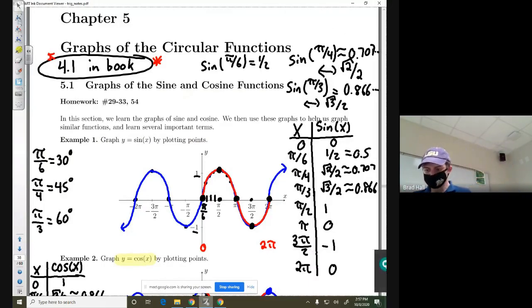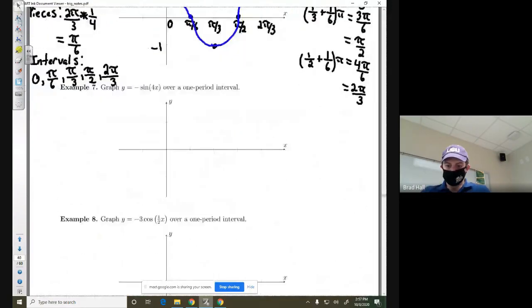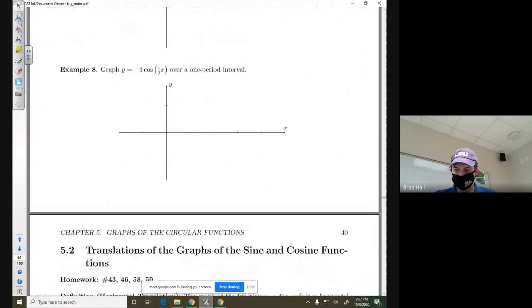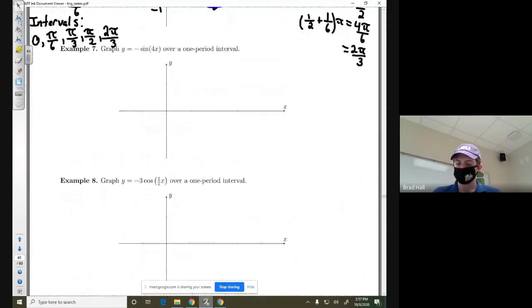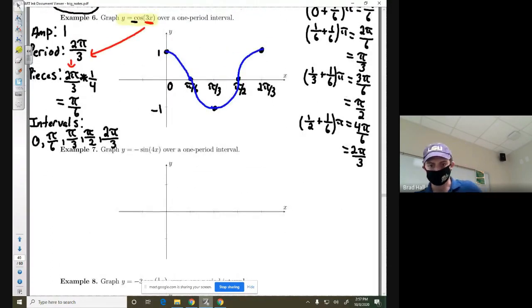All right, cool. Let's go back down. So let's go ahead and do example 7 here. So it's another problem. We're going to go ahead and go through the same exact process. Start off with finding the amplitude.